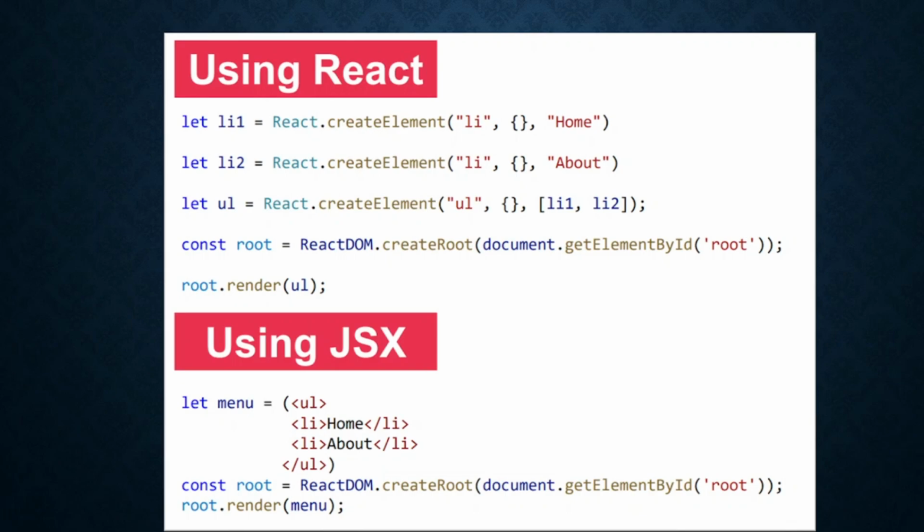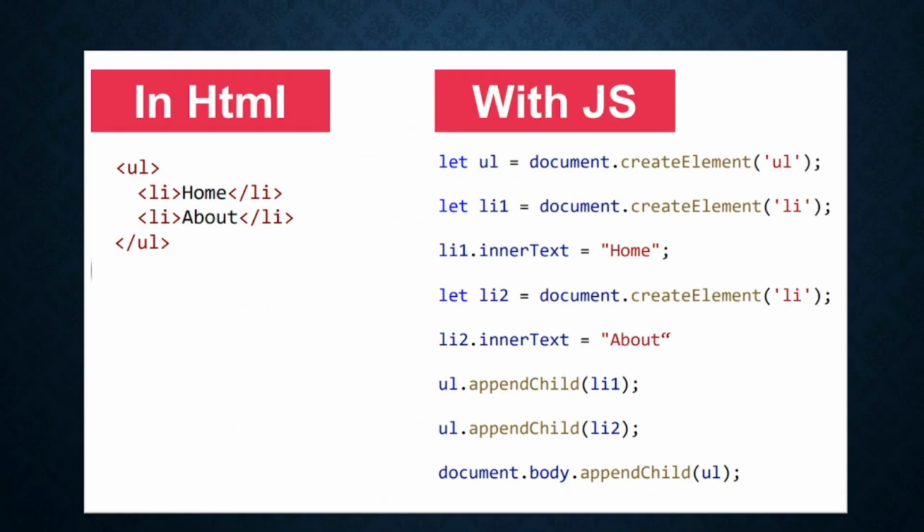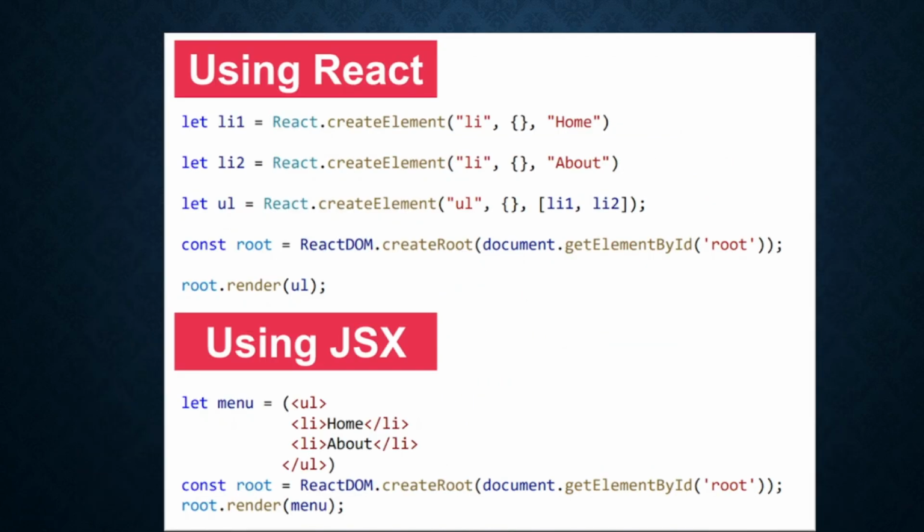And these UL and LI elements are rendered using createRoot, selecting that root element, and we will be rendering that using root.render(ul). So here we can see that compared to normal HTML, injecting that HTML through createElement in React becomes quite complicated.